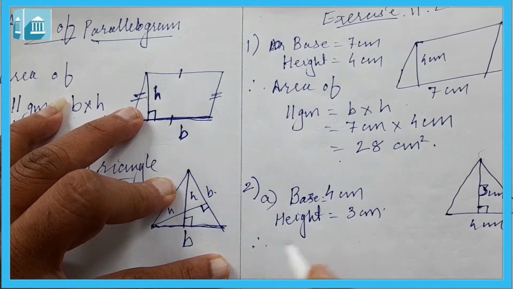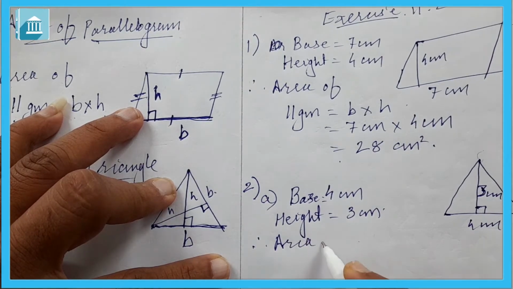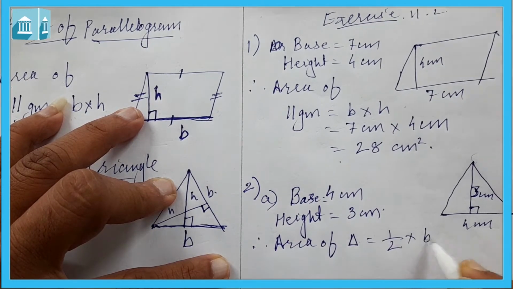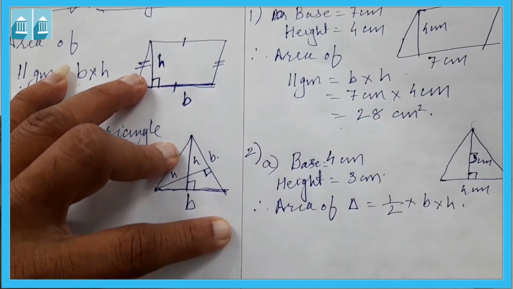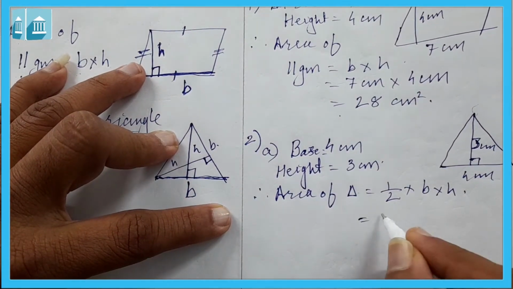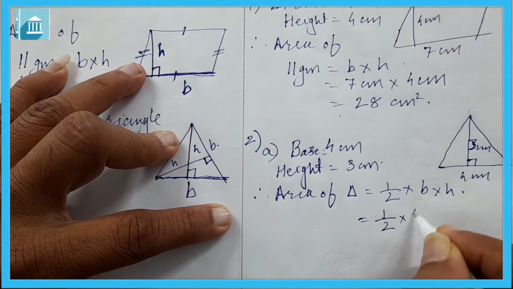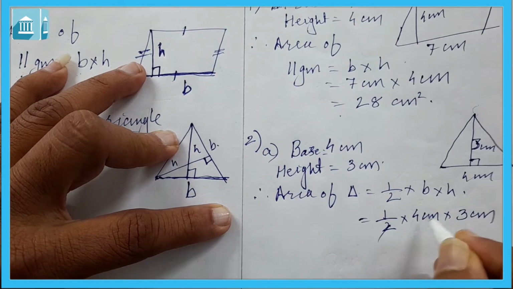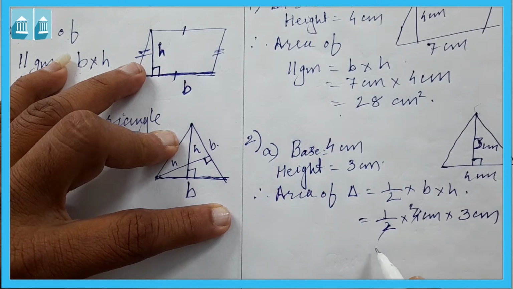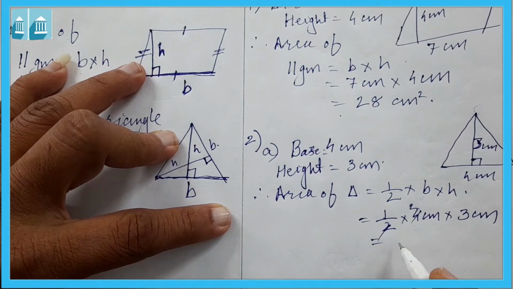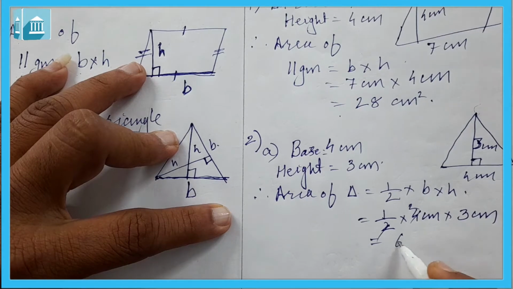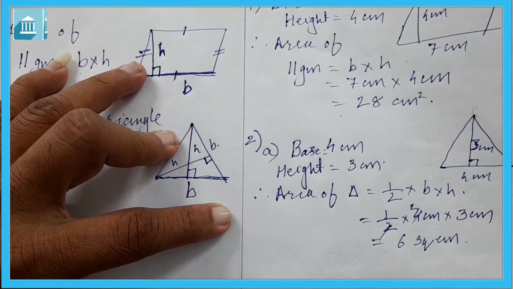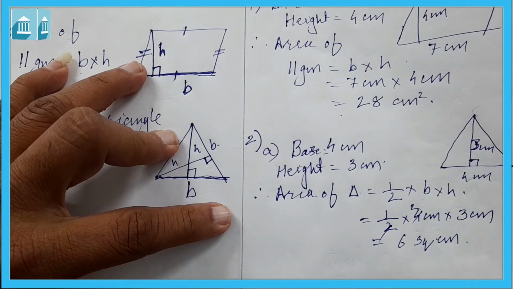So we can say that therefore area of triangle is equal to half into base into height, which is equal to half into 4 centimeter into 3 centimeter. 2 and 4 cancel, it will be 2 here. So we can say that area, 2 threes are 6 square centimeter. So the area of triangle is 6 square centimeter.